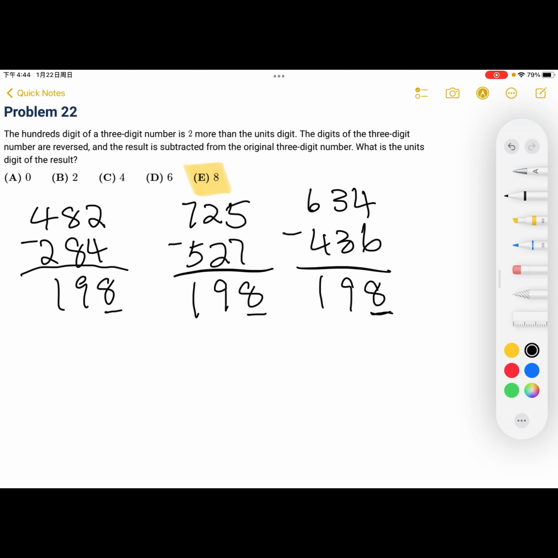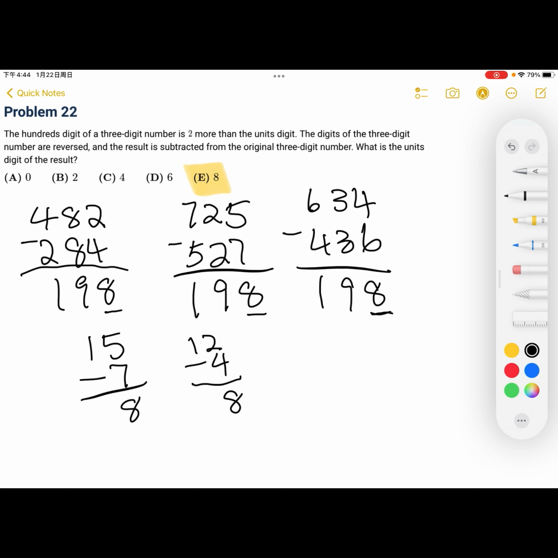But let's think about this. If you have the number 15, the units digit is 5, and let's take 7 since it is 2 more. So 15 minus 7 is 8. And then let's take 12 minus 4. 4 is 2 greater than 2, which is also 8.